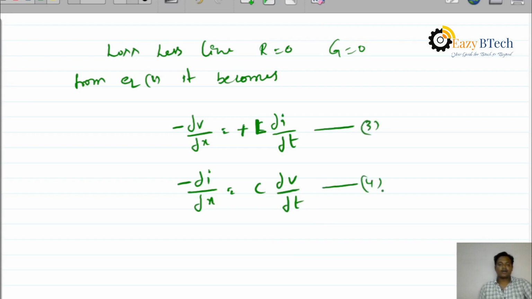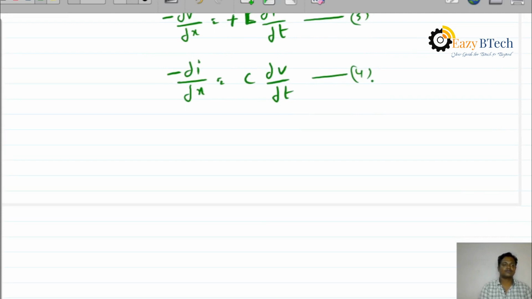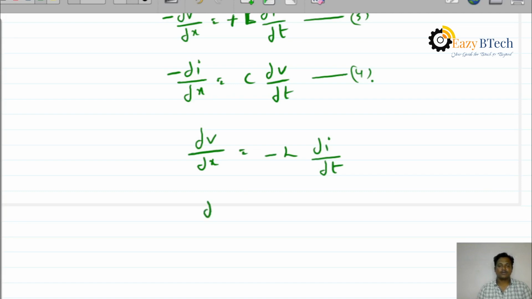Now from equation 3, dou v by dou x equals minus L dou I by dou t. From equation 4, dou I by dou x equals minus C dou v by dou t.